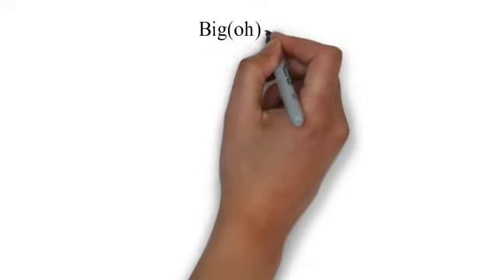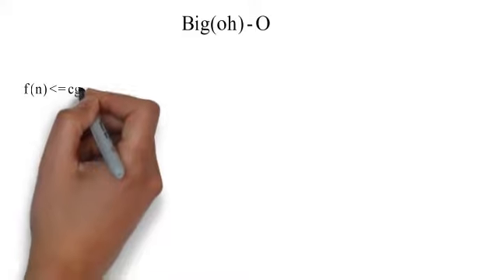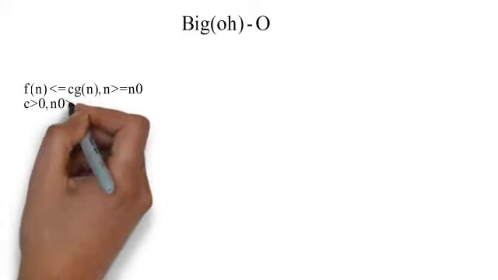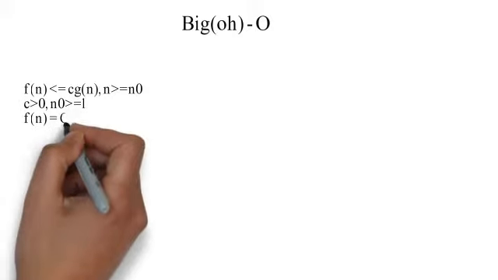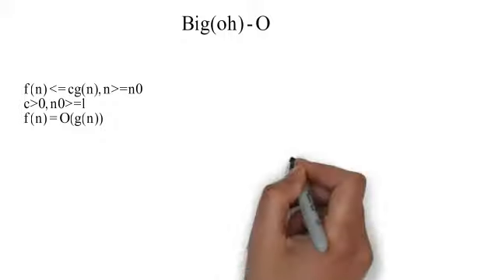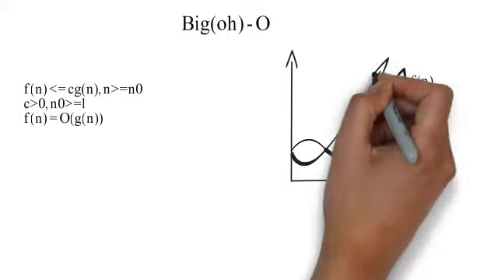Big O notation. We use the function f(n) less than or equal to c·g(n), for n greater than or equal to n naught, c greater than 0, and n naught greater than or equal to 1. f(n) equals O(g(n)). There is a graph with an f(n) function and a g(n) function.